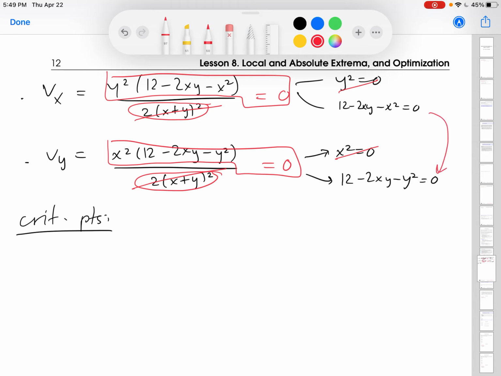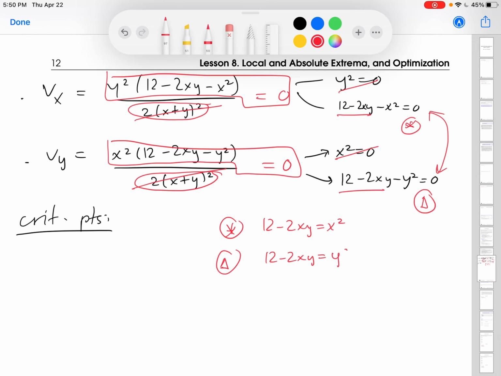And then when we look at these two, we can play the same game that we played in the previous problem, in the sense that these two quantities are exactly the same. So this equation we can rewrite as 12 minus 2xy equals x squared. This equation we can rewrite as 12 minus 2xy equals y squared.